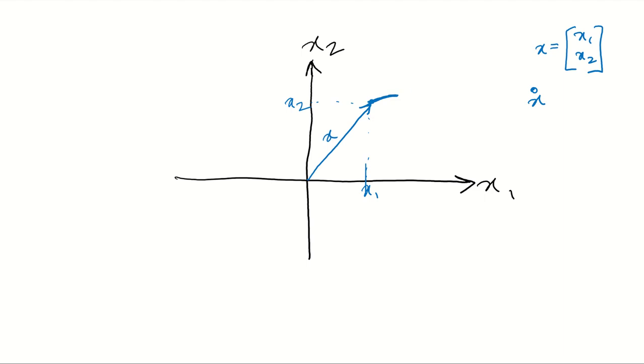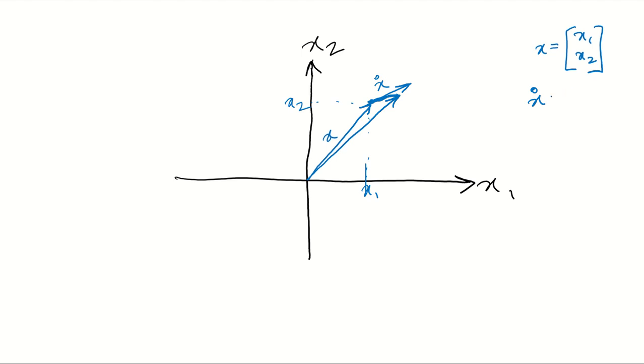So this is the new position of x, and this is the direction of x dot. At each instant, if you have knowledge of x dot, you will understand in which direction my vector should move.